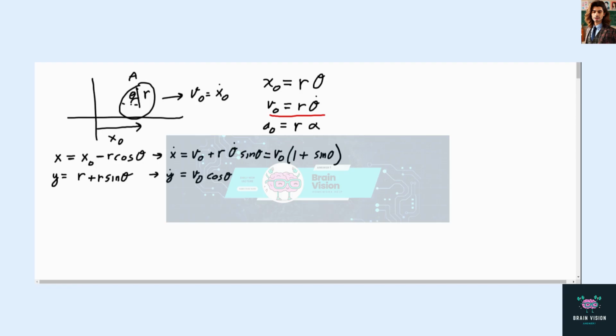We know that the total velocity can be found using the Pythagorean theorem. So it'd just be x dot squared plus y dot squared, and then take the square root of all of that. When we put that into the equation and simplify, we just put our x dot in, square it, and our y dot in and square it, the v0 will come out, and we'll be able to simplify things a decent amount here.